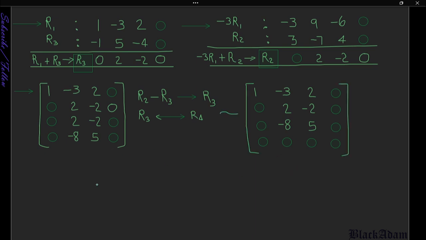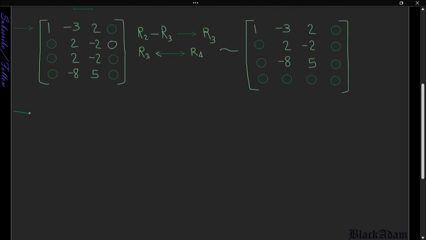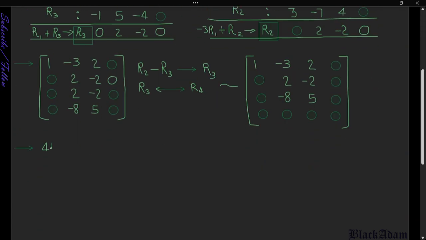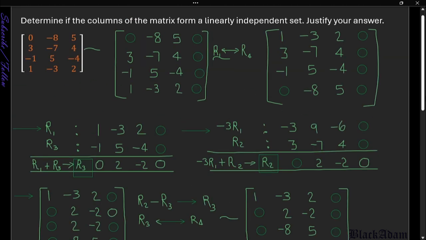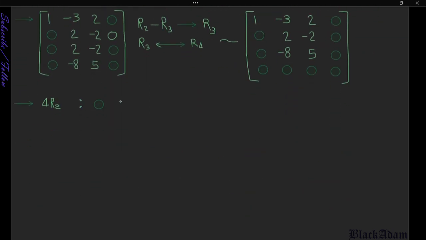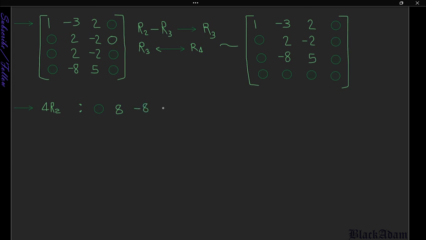And then from there we can multiply row 2 by 4. 4 times 0 is 0, 4 times 2 is 8, 4 times -2 is -8, and 4 times 0 is 0.